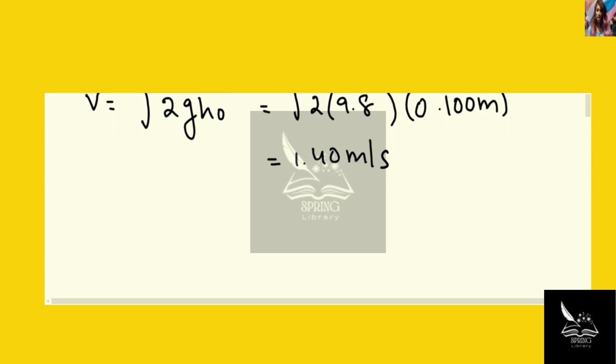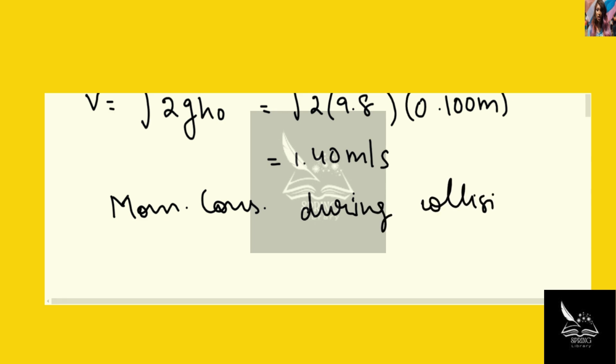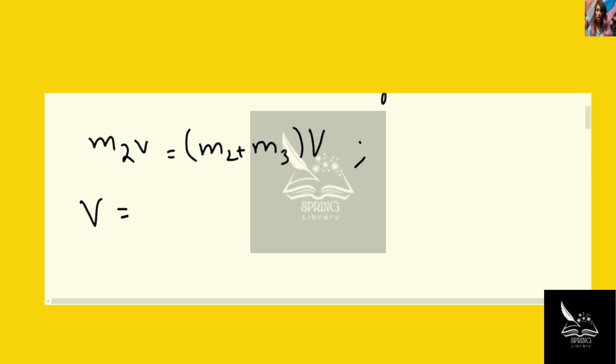Now the momentum conservation is there during collision. Therefore, the equation that we can write is m2 v equal to (m2 plus m3) into capital V. Therefore, capital V can be written as m2 v upon (m2 plus m3).